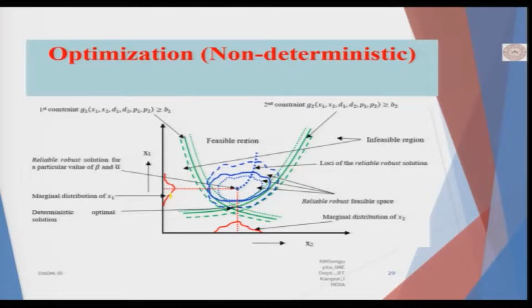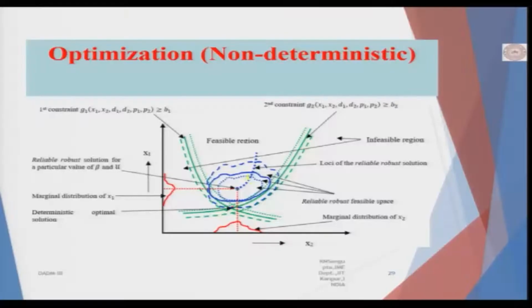If they were normal, as I mentioned, the common area is a circle, sphere, or hypersphere depending on dimension. Now, if they are not normal, the overall common area would be a very weird shape.